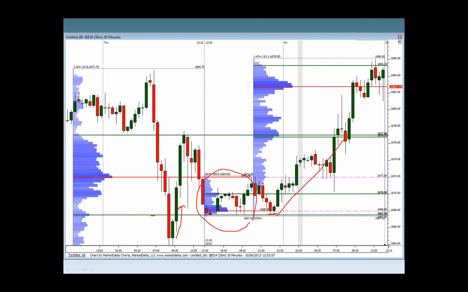And in this case here, we were able, in fact, to break out from the value area high of this prior session. So, as we mentioned earlier, we're never looking at any single profile in a vacuum. We are always looking at the activity of the current profile in the context of what happened previously in the marketplace. This is very, very helpful for us to do and to use on our charts.